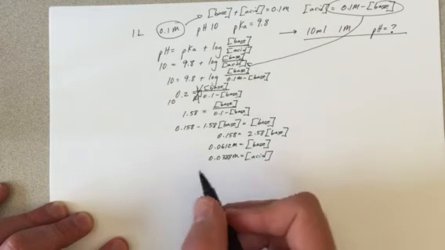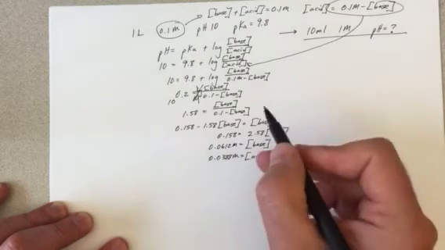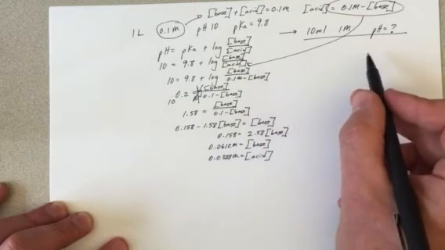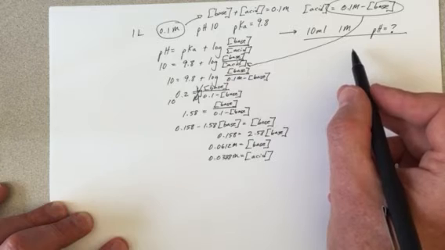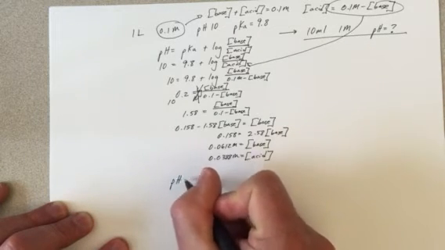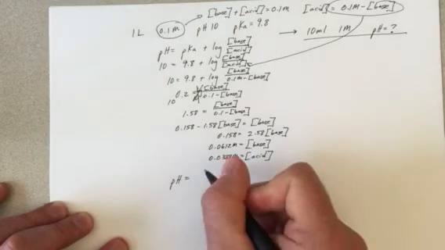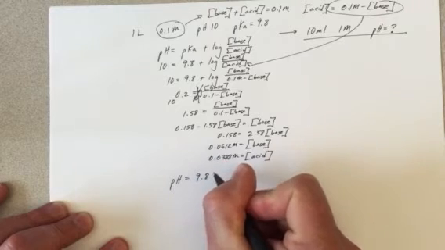And so I'm going to try to write out the Henderson-Hasselbalch equation for my buffer after the addition of this amount of strong acid. The new pH is unknown. It's going to change. It's probably going to go down some. The pKa is the same.